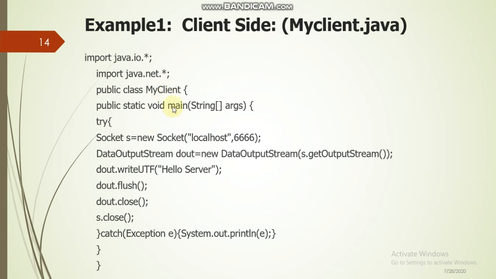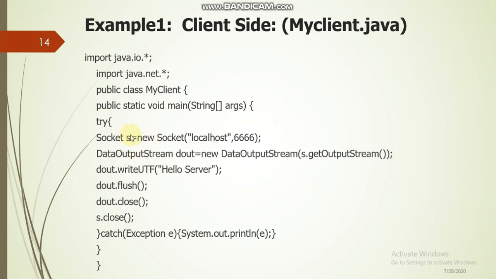We have written our program, our main method. Each program in Java should have at least one class, one method, that is public static void main. Now here, our codes, we have put them in try and catch, to catch exceptions. Then we have created a socket at client side.